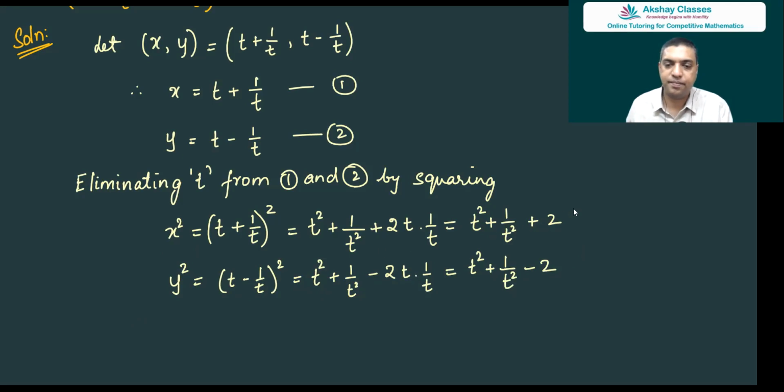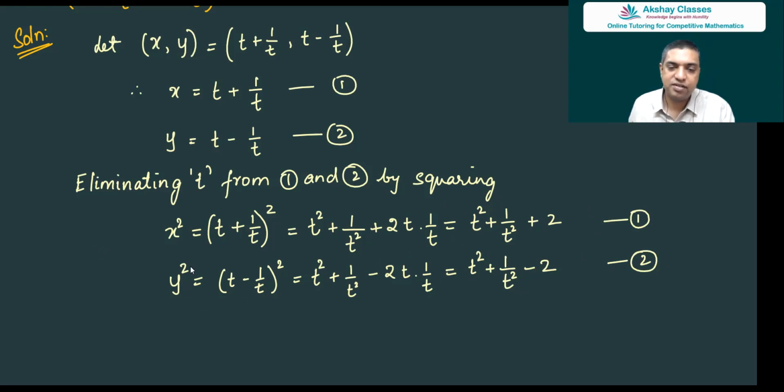Yes, sir. So now tell me, how can we eliminate t? So 1 and 2 have been transformed. The term t has to be eliminated. So t square plus 1 by t square is common, right? For both.